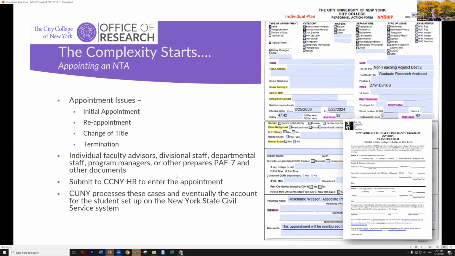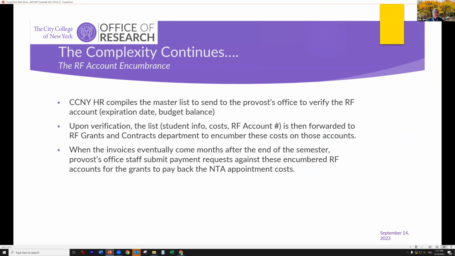But anyway, they all send it to HR at CCNY, and then HR processes those and puts them, eventually with CUNY, onto the New York State Civil Service system so that they will be able to generate the payrolls. RF account encumbrance, as I mentioned, the list will be sent to RF and then they will encumber it.